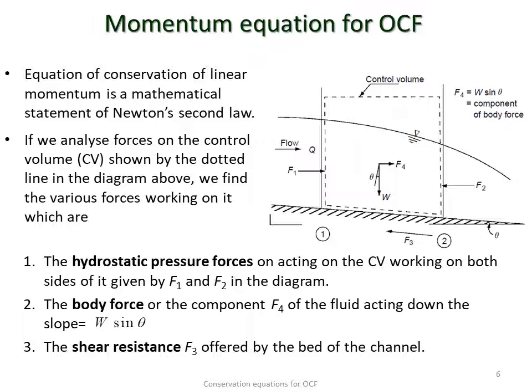F1 is the hydrostatic force which is working on the left, and F2 is another hydrostatic force which is working on the right hand side of the control volume. So these are surface forces. There is another surface force which is given by F3, which is nothing but the shear resistance offered by the bed of the channel to the flow.